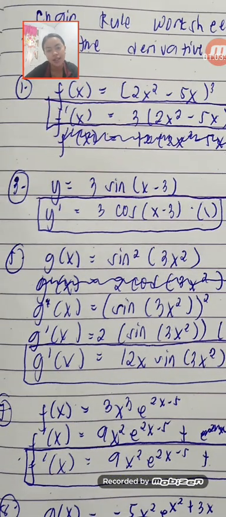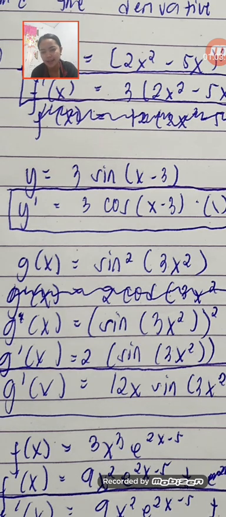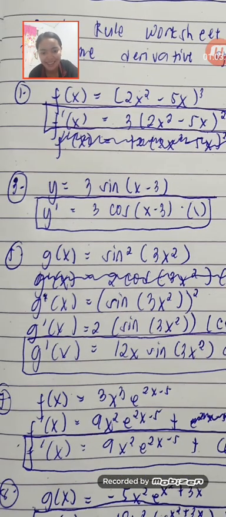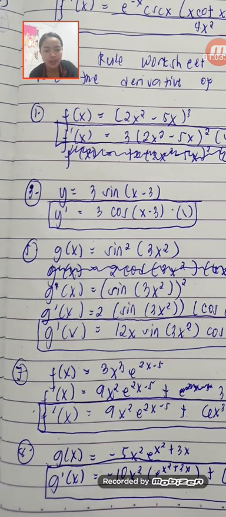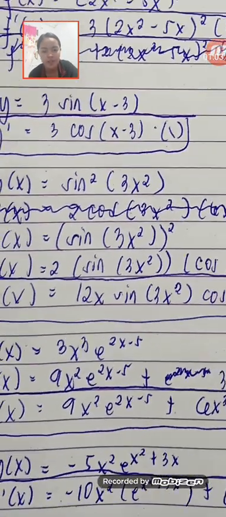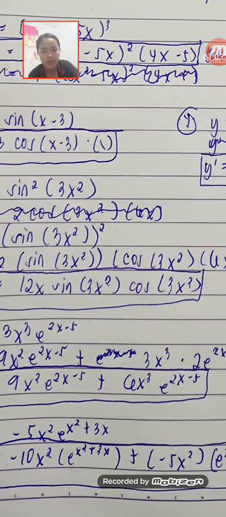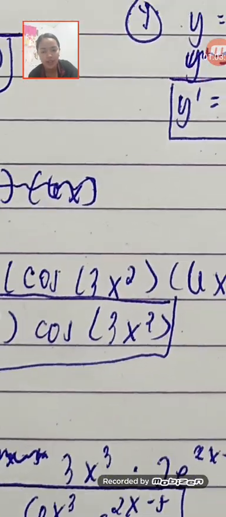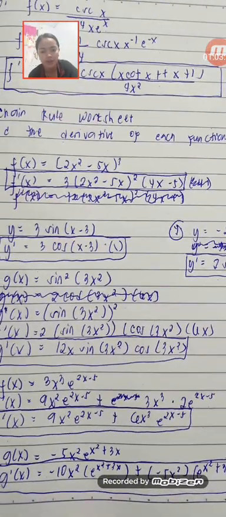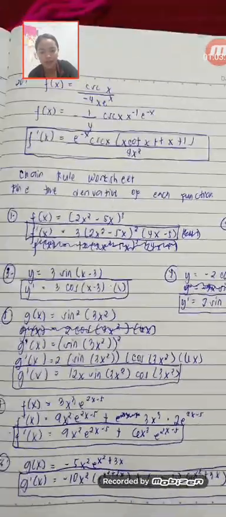So it is now easy for us to differentiate this since it's quite clean. We bring down the 2, and we copy our inside function. And the derivative of our inside function is cos 3x squared, and the derivative of 3x squared is 6x. So for our final answer, we can basically multiply 6x by 2.